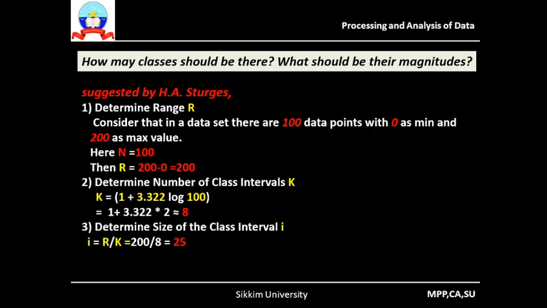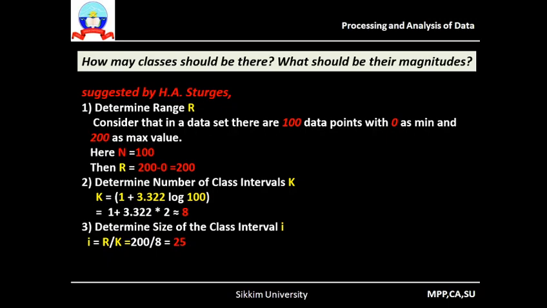Now the size of the class interval can be determined by using the equation I is equal to R by K. So R is 200, K is 8, so size of class interval will be 25. So there will be 8 classes with class interval as 25.